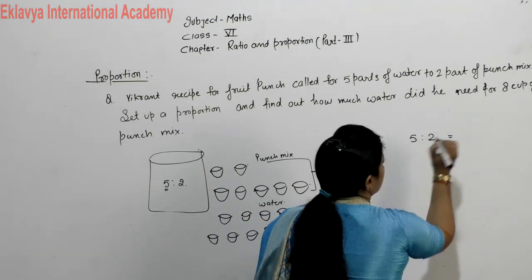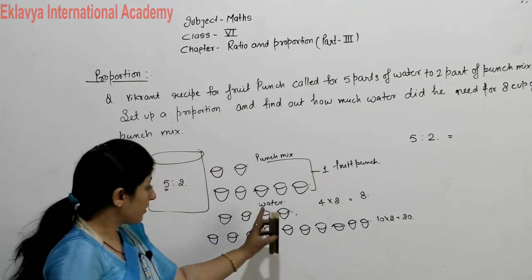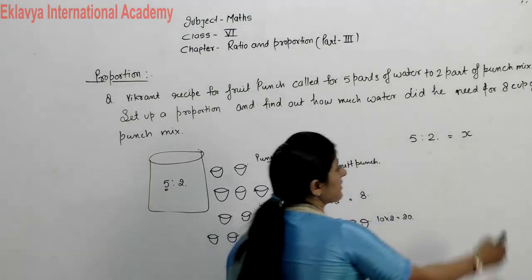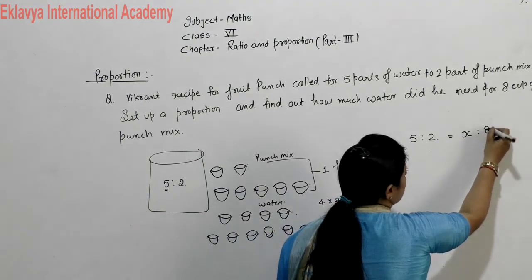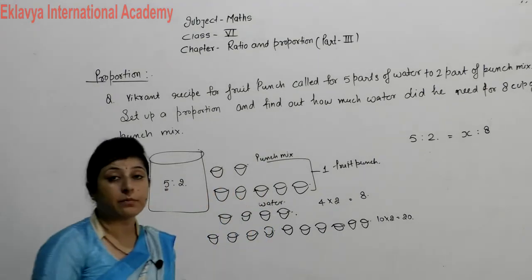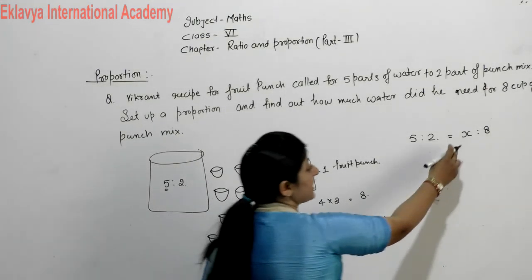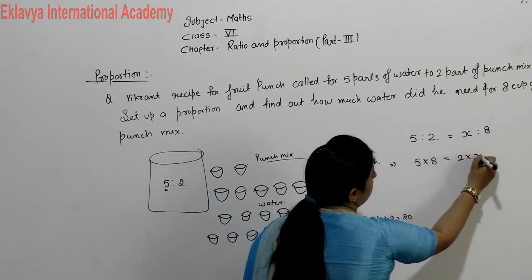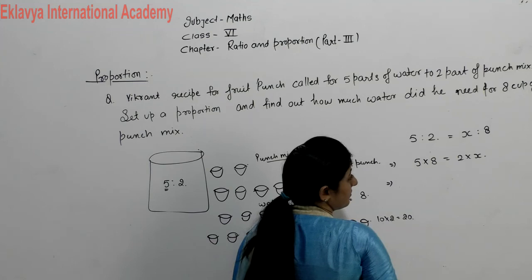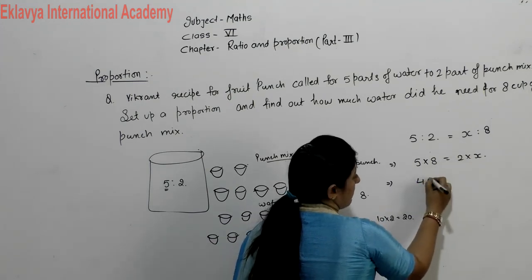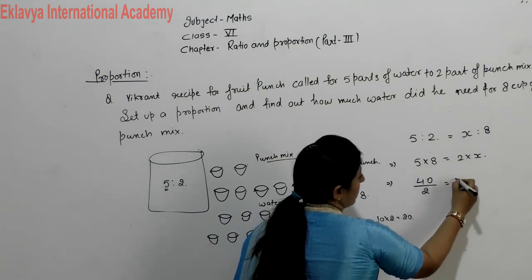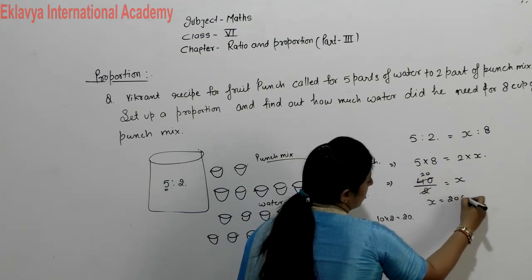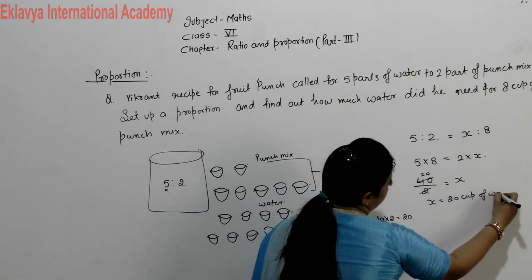That should be equal to water, which we don't know, so we take x, and 8 cups of punch mix. Then find the value of x. Product of extremes equals product of middles. 40 divided by 2, 2 twenties are 40. Then x is equal to 20 cups of water.